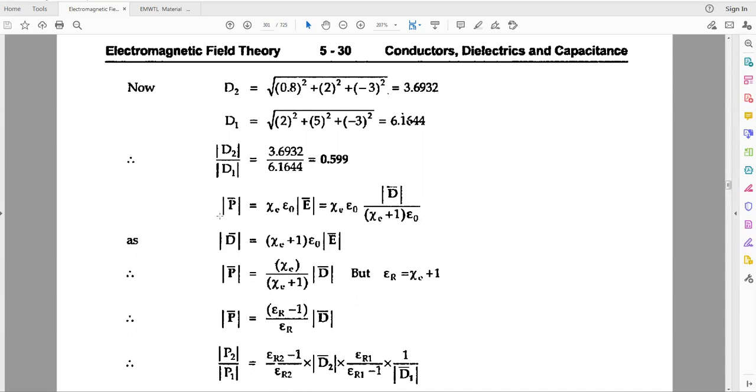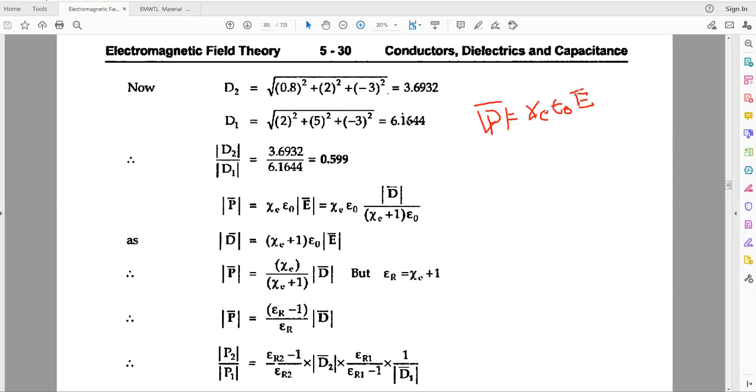And also the polarization. In the previous example we found that the polarization P is equal to XC into epsilon naught into E bar, where XC is epsilon R minus 1.